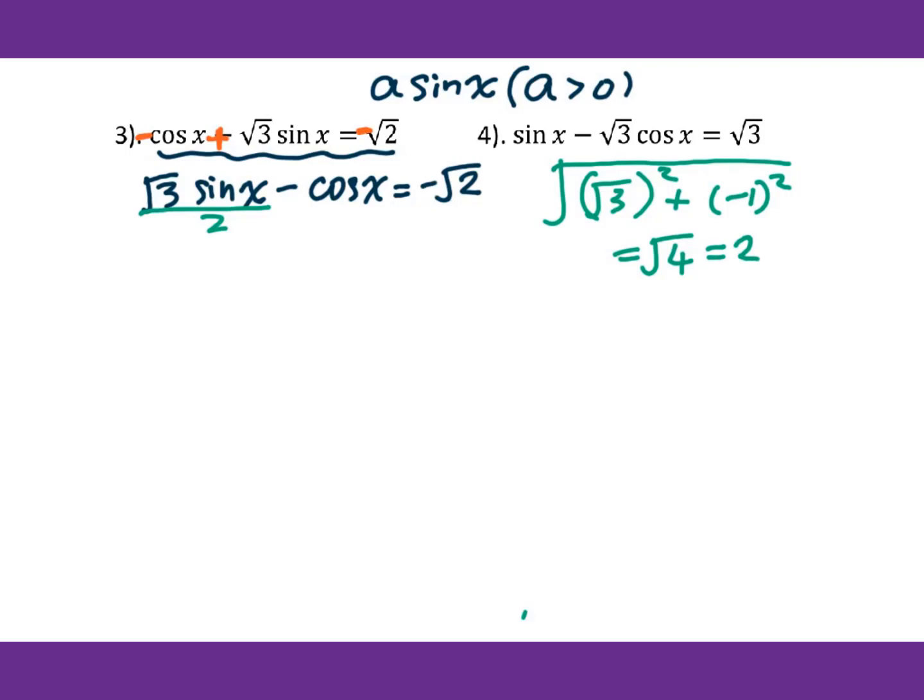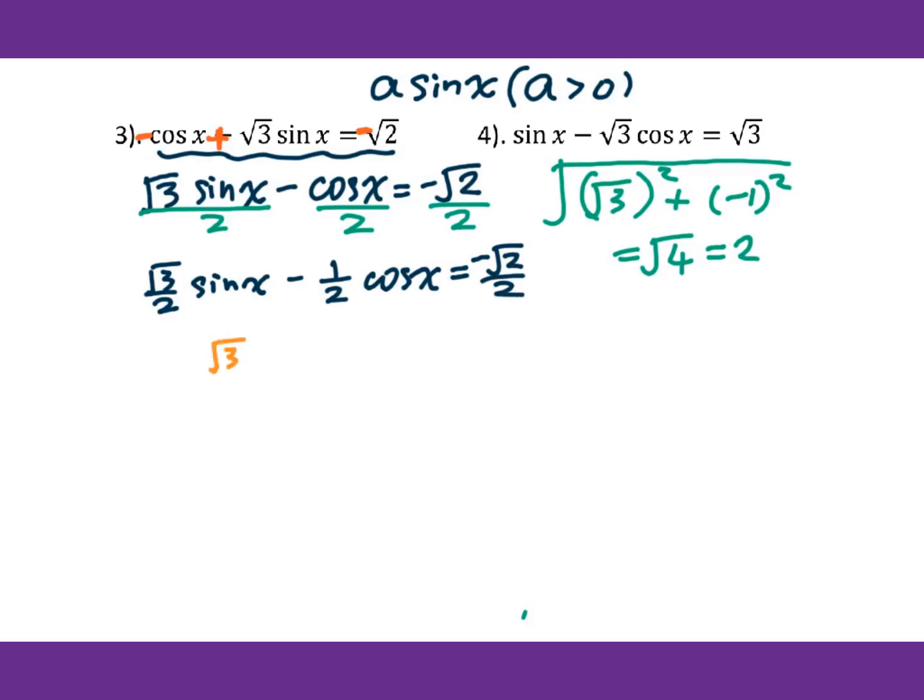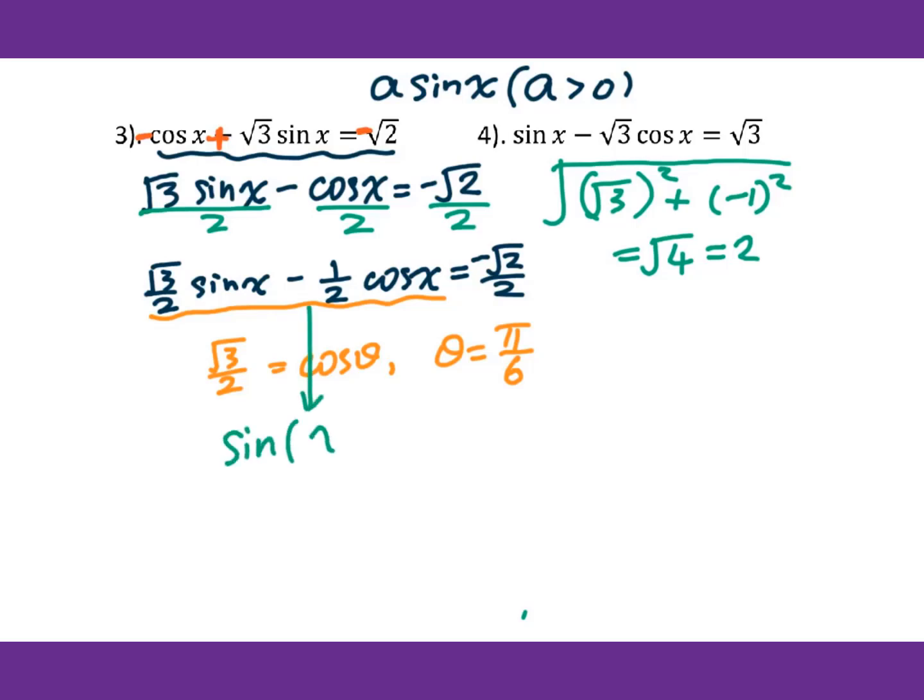So we divide it by 2. We got the square root of 3 over 2 sin x minus 1 over 2 cosine x equal to negative square root of 2 over 2. Then we set up square root of 3 over 2 equals cosine theta, and we know theta equals pi over 6. Therefore, this one we will change into sin x.